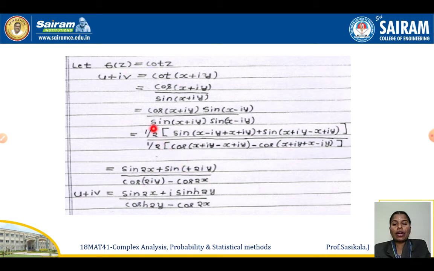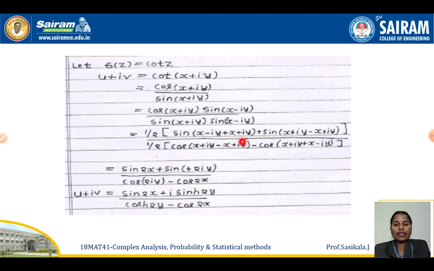So I'll get 1 by 2, and 1 by 2 will get cancelled. You can simplify. Iy will get cancelled, I'll get only sin 2x. And here I'll get only sin of 2iy, the x term will get cancelled. And the denominator is cos of 2iy minus cos 2x, which is equal to sin 2x plus i sinh 2y by cosh 2y minus cos 2x.